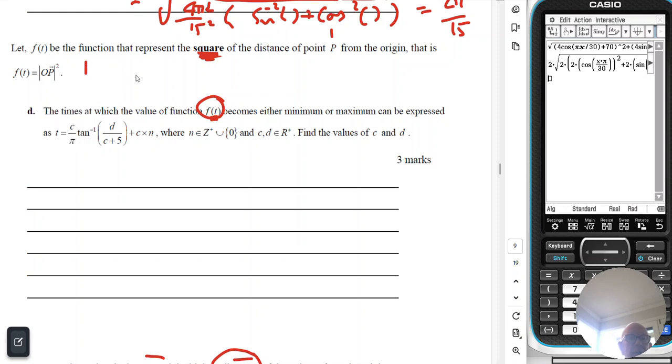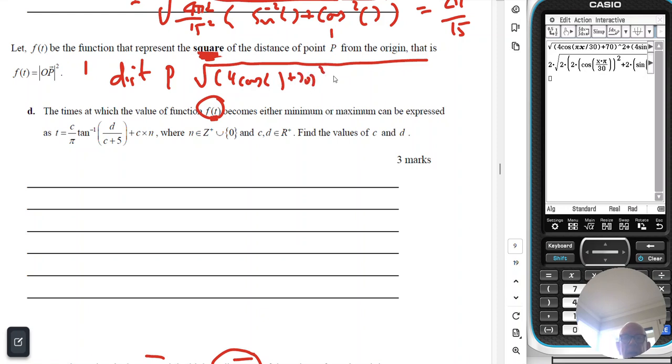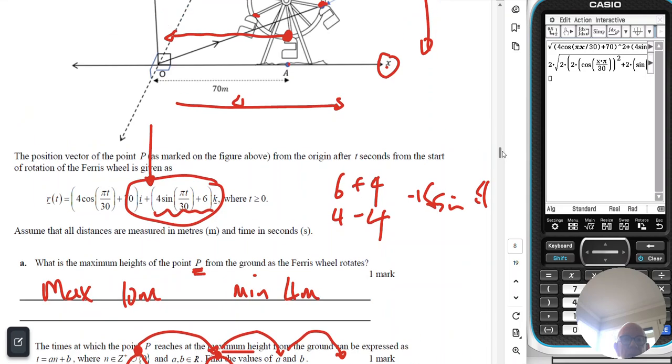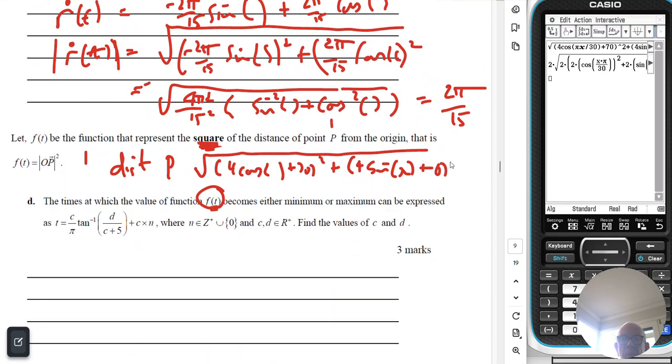the square of them. So I'd expect that the distance of point P from the origin will be the square root of (4 cos of whatever the angle is plus 70) squared plus (4 sine of that angle plus 6) squared.